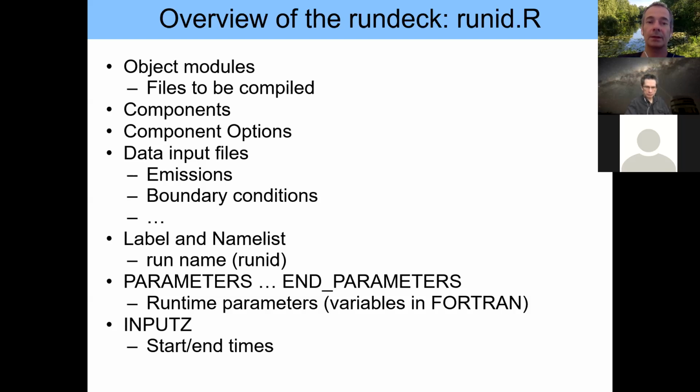The main things that the run-deck has are, first, a very long list of the object modules, which is essentially the Fortran files that you are requesting to compile when compiling the model. These are files that live in the module directory and some subdirectories of it. The components are also Fortran files that are more standalone entities.